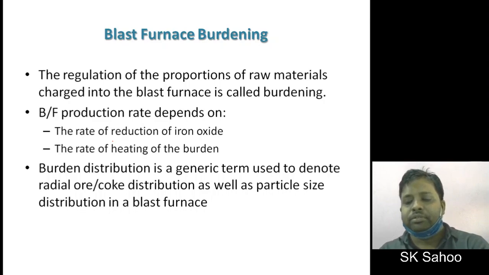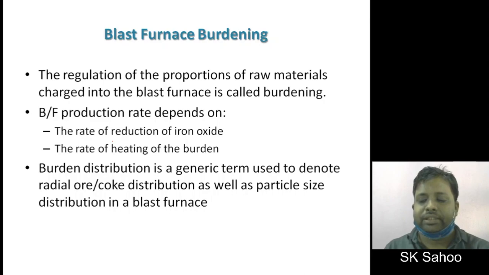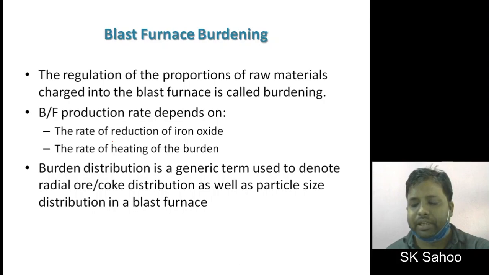Generally, a blast furnace can employ a bell charging system or a bell-less charging system. In bell charging, there are two bells. One is the small bell at the top and the other is the big bell at the bottom. And in case of bell-less charging, there are no bells. Only the distributor chute is there, which uniformly distributes the raw material into the blast furnace.